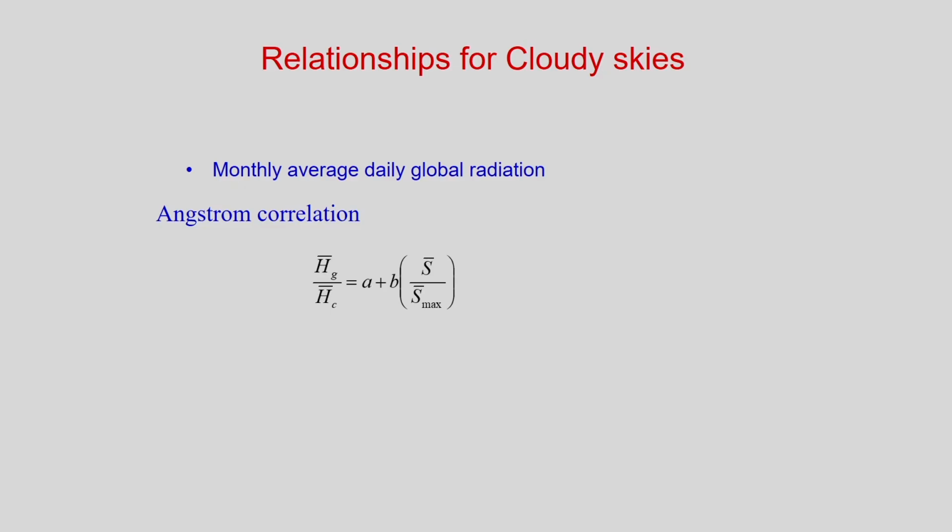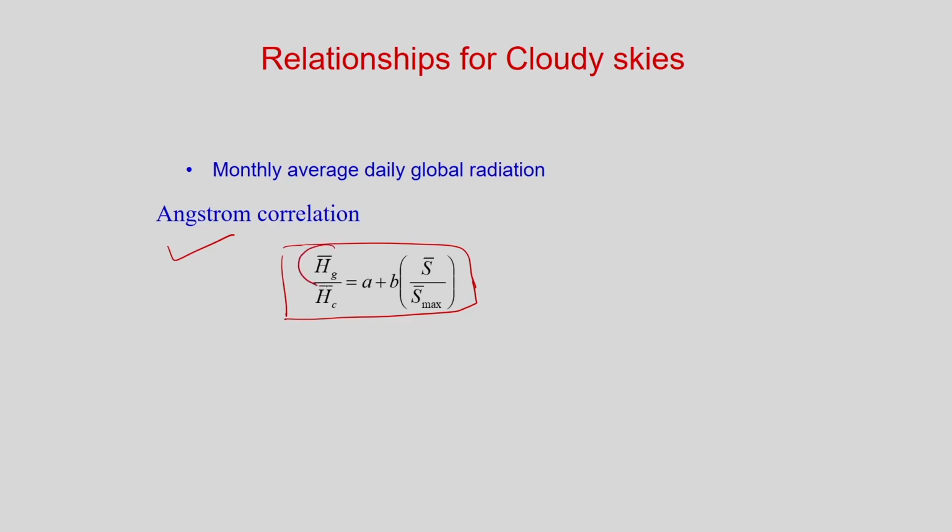There are many correlations developed for estimation of monthly average of daily global radiations. Among the different correlations, this correlation is developed by Angstrom, which is found to be very accurate, and this is applied to many of the big cities in the globe as well as different cities of India. And here, what are the terminologies used?